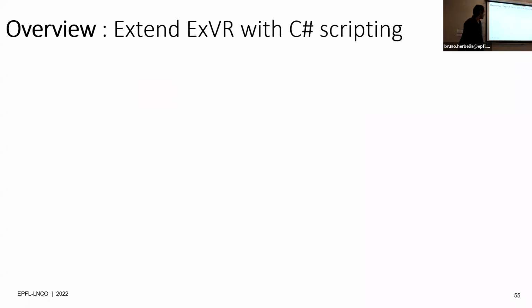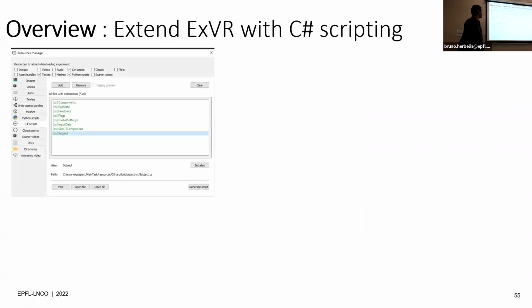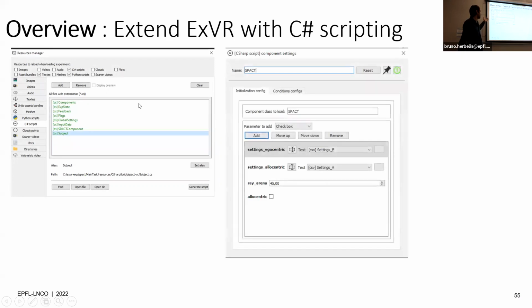Okay, and I already spoke a bit about C# scripting. Once you have added your script to the resource manager, you can create a C# script component. You just say, okay, I want to instance a specific class. This class has to follow some pattern to inherit components, but you can generate a template script directly using this button.